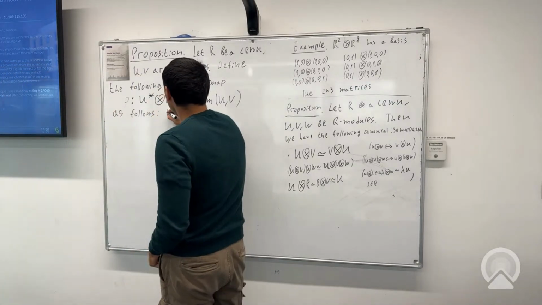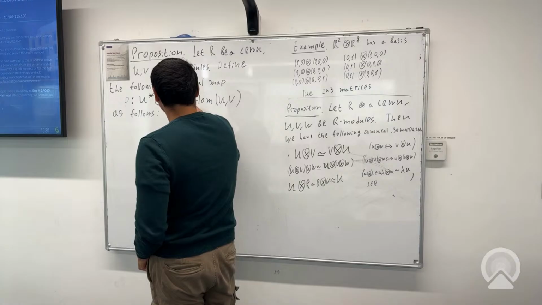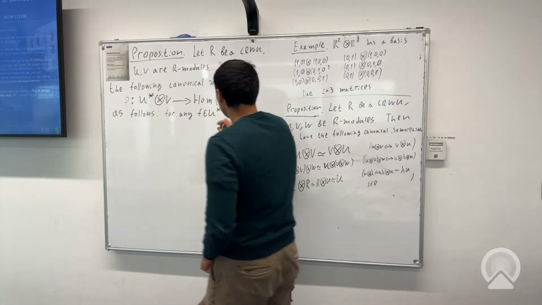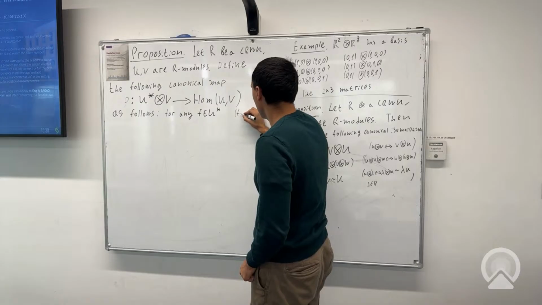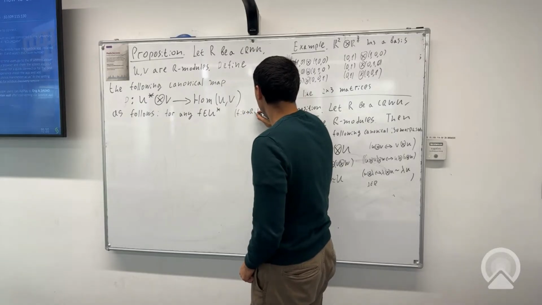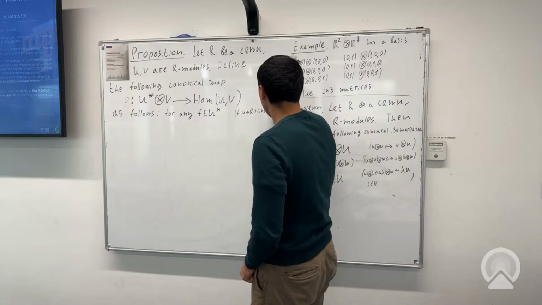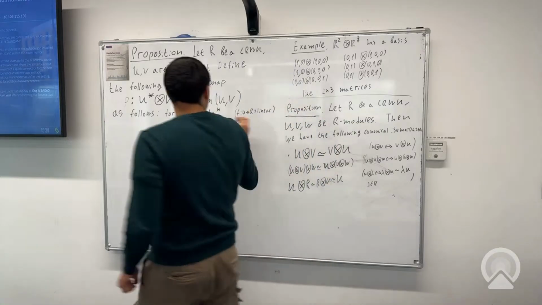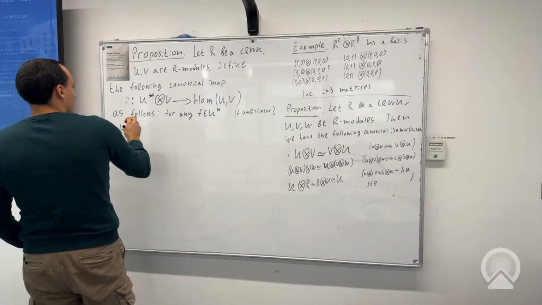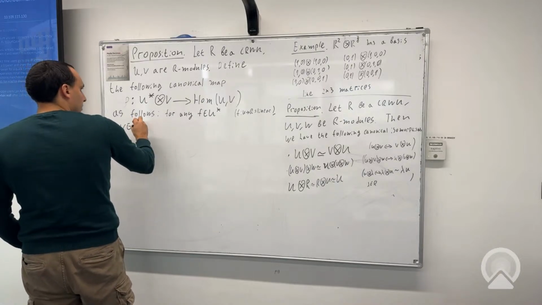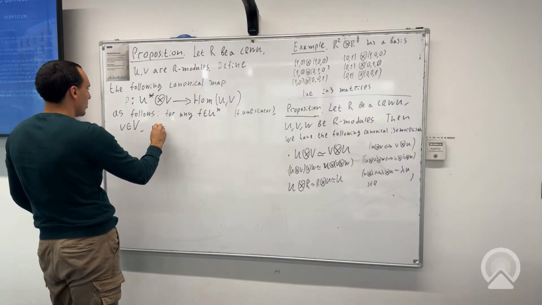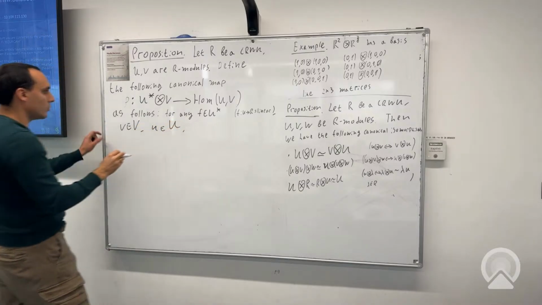So for any f in U star, so f is a linear map from U to R, and v in V and u small in U big, we have the following.